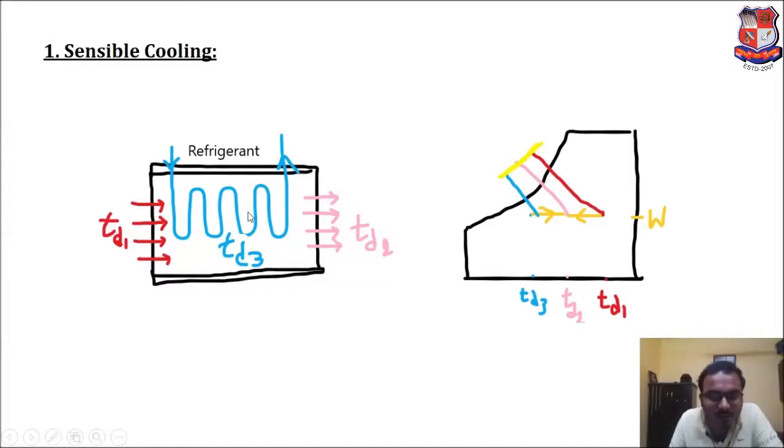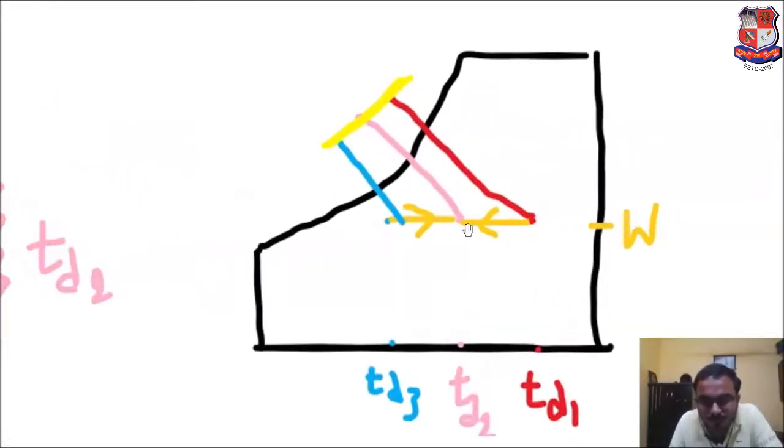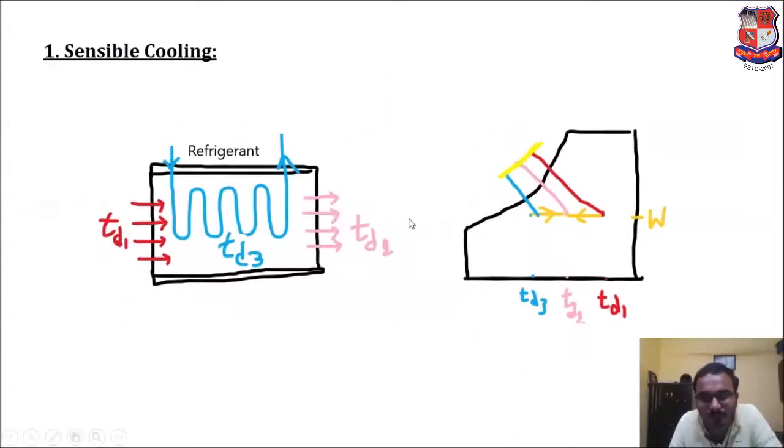However, as this entire cooling process is not 100% efficient, TD2 will be slightly higher than TD3, and it can be seen from this figure itself that we are using the TD3 temperature to cool, however we are only reaching up to TD2. So this is the final point. If this point is much closer to TD3, it will be better cooling. This also indicates the performance: if TD2 goes near to this, then it will be a better thing for us.